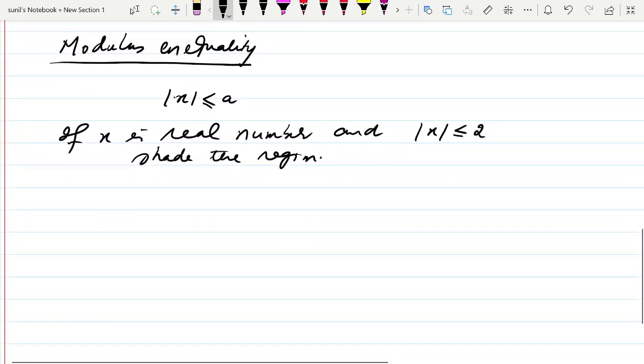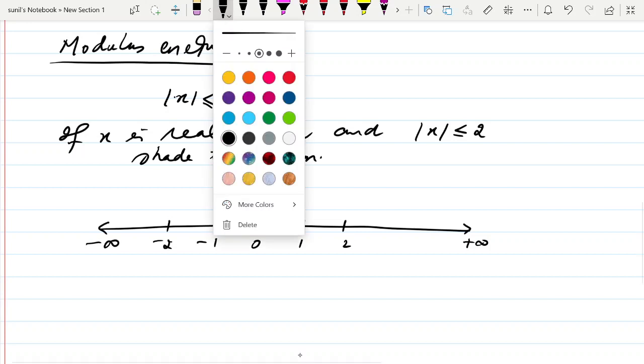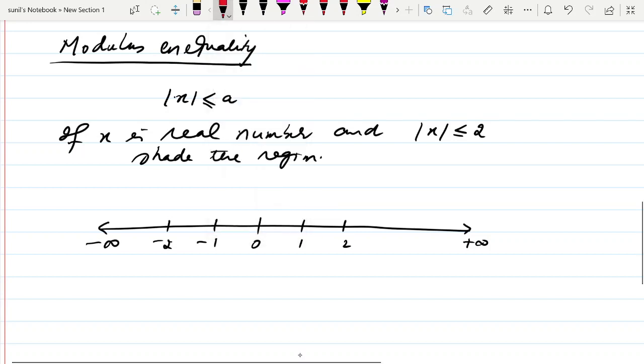So what I need to do here, I plot the number line, minus infinity to plus infinity. Here is 0, 1, 2, minus 1, minus 2. Now we need that the distance has to be 2 or less than 2.